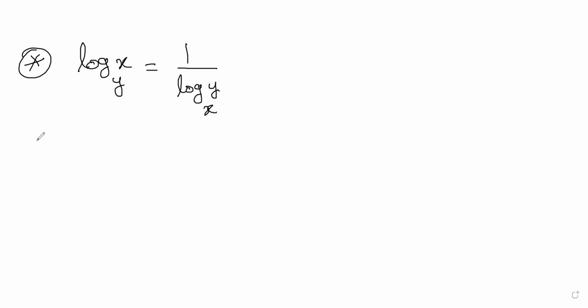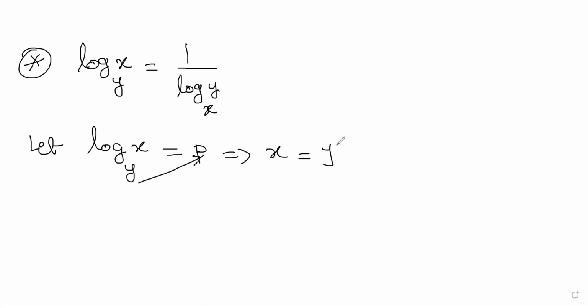So it's simple. Let log x to the base y, all proofs are similar, be equal to p. So you have x is equal to y power p. Now let us say log y to the base x is equal to q.